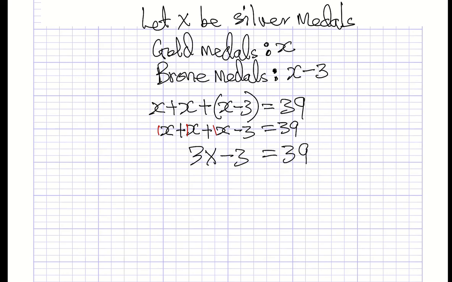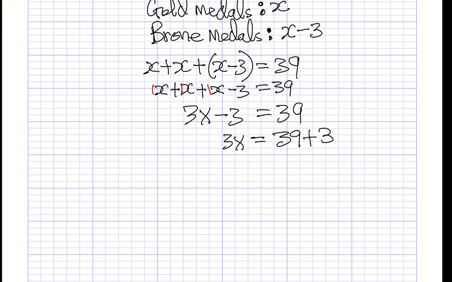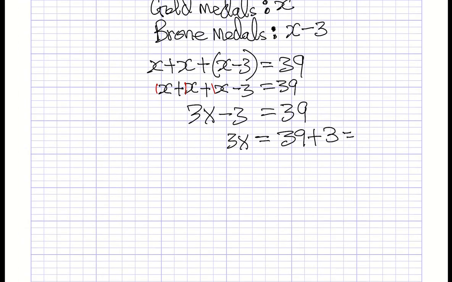You move 3 to the other side. 3x is equal to 39 plus 3. When you move 3, it changes, see? So that would be equal to 42. Get rid of 3 on the left side, you get x is equal to 42 over 3.